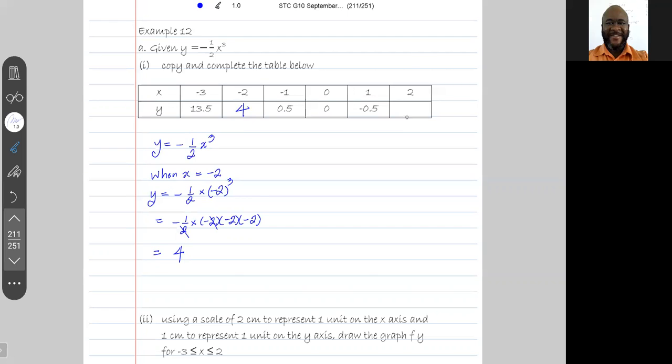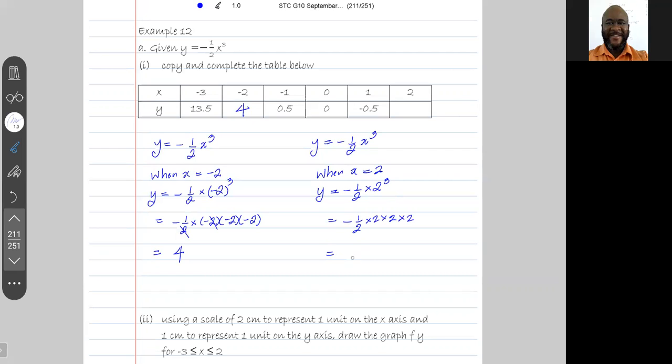Now, y is equal to -1/2 x cubed, and we need the value of y when x is equal to 2. y would be equal to -1/2 times 2 cubed, which is -1/2 times 2 times 2 times 2.